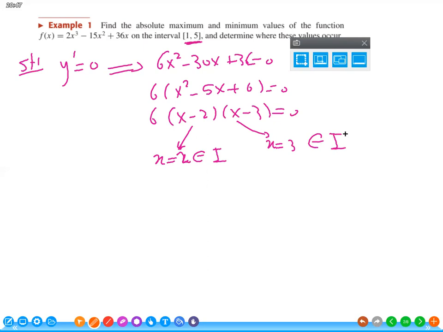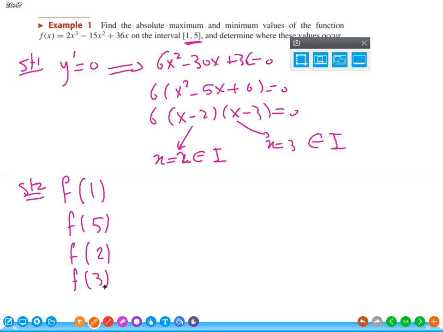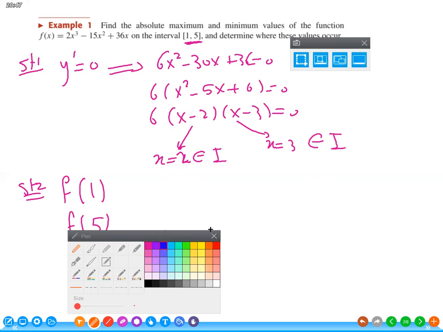This is step 1. Step 2, I want to check the y values at the end points of the interval: f of 1, f of 5, f of 2, f of 3. The highest value represents the absolute maximum, the lowest value represents the absolute minimum.